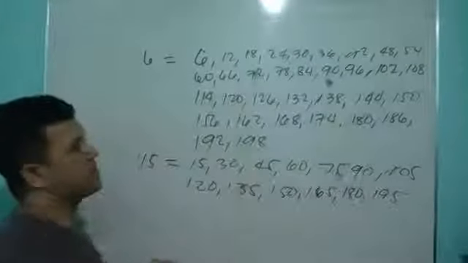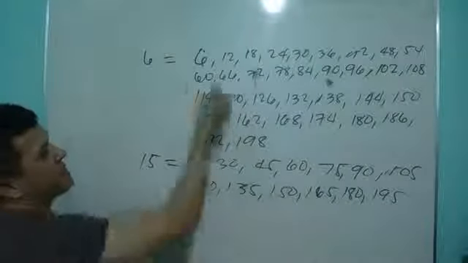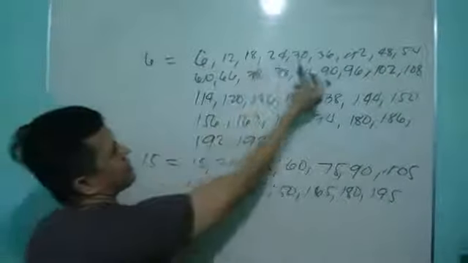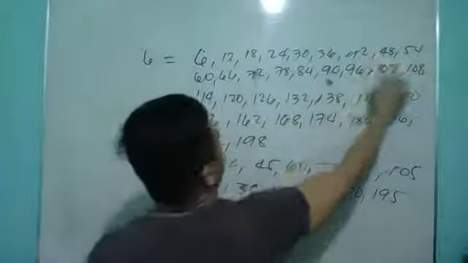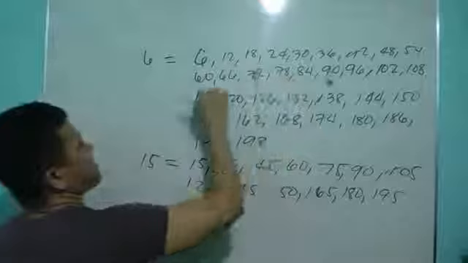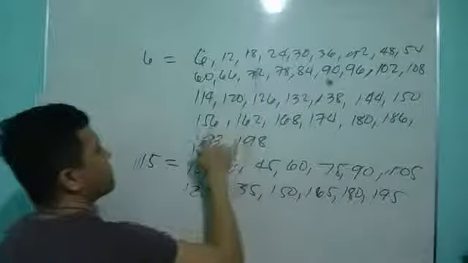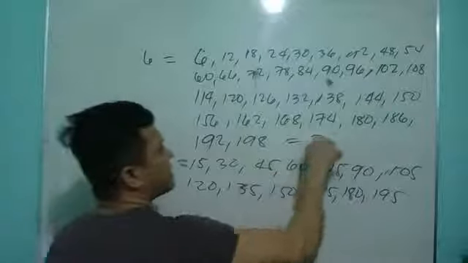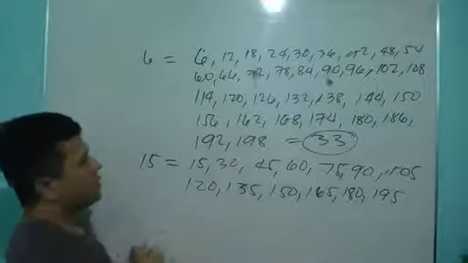So how many multiples do we have of 6? 1, 2, 3, 4, 5, and so on, until we have 33.